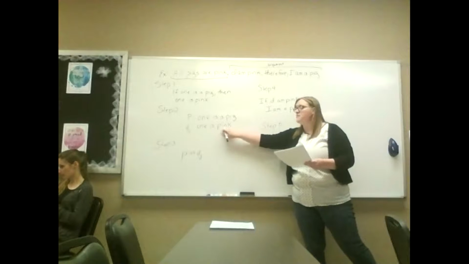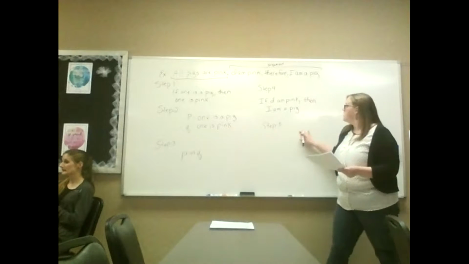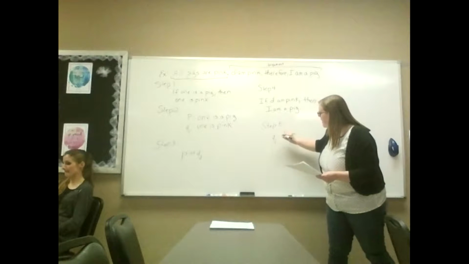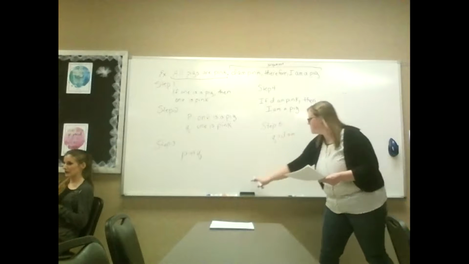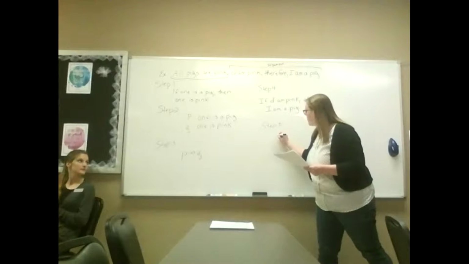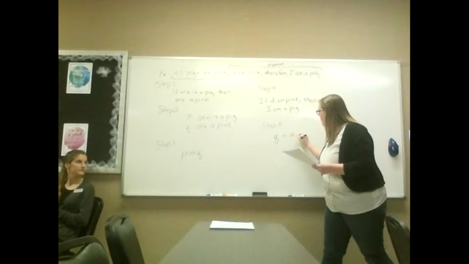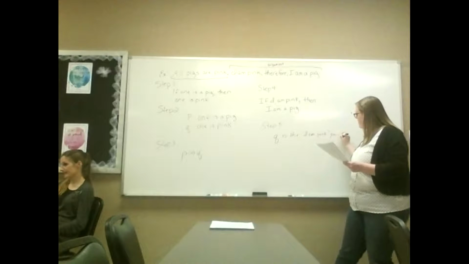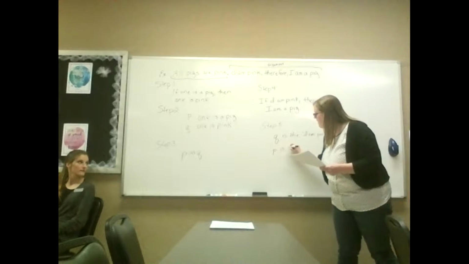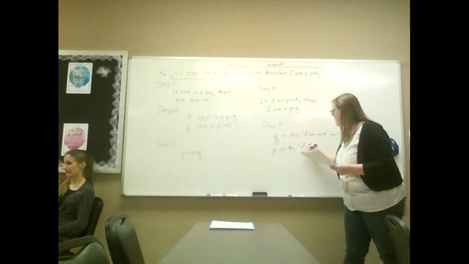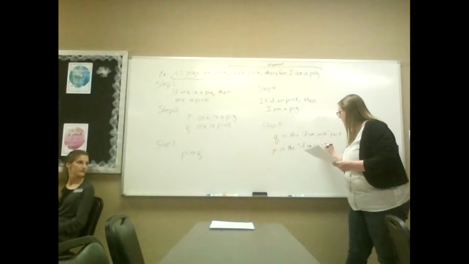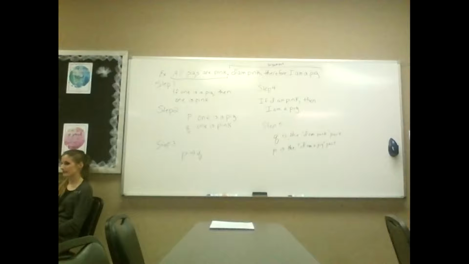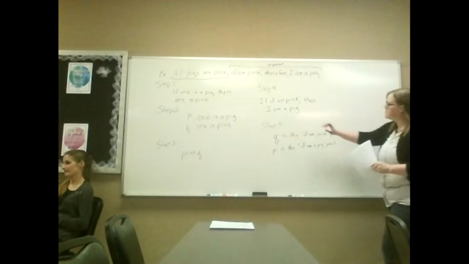Because over here we said if one is pink, we're going to name that part of it Q. So Q is the I am pink part. And that makes P the I am a pig part. So that is what step 6 was. So 5. It's like a 6 to me from this.